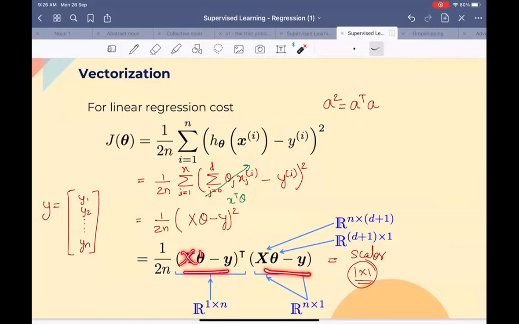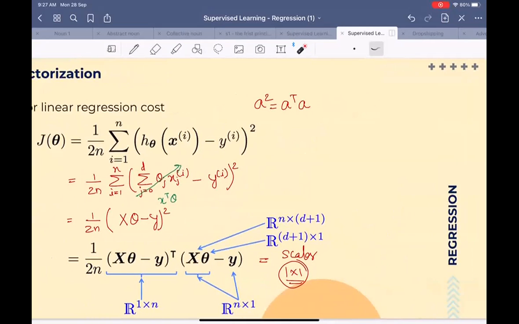That is, x theta minus y as one matrix of one row and n columns, and its transpose multiplied by x theta minus y, which is n rows and one column. So just this matrix multiplication. This term evaluated once, do matrix multiplication and divide it by 2n, and we get our entire cost. So again, vectorizing this has also saved us a lot of time.